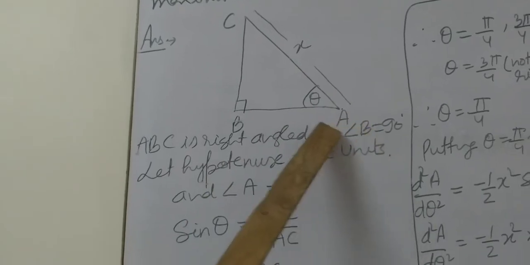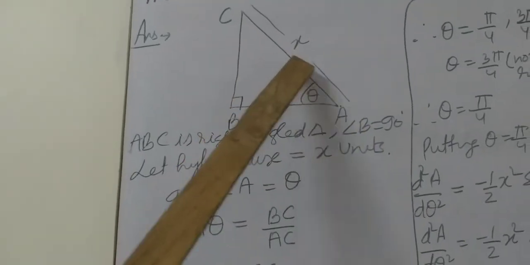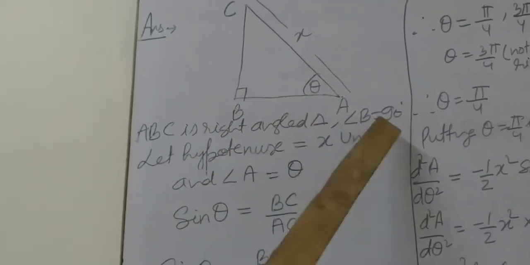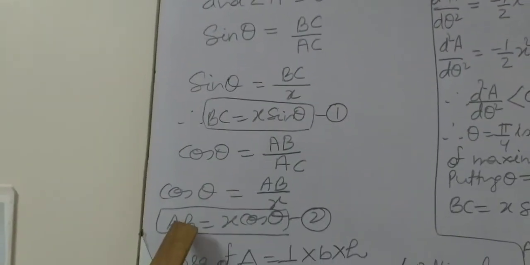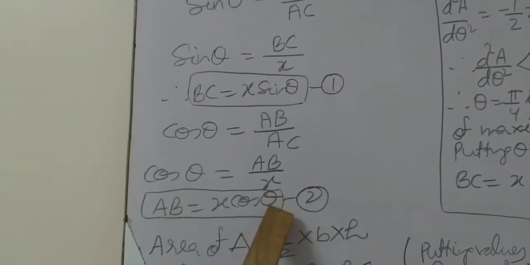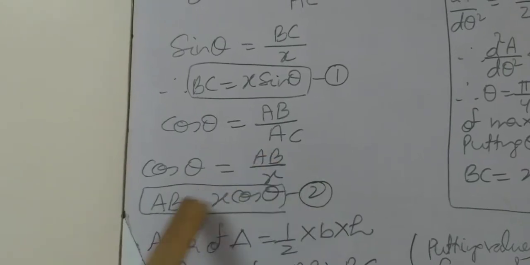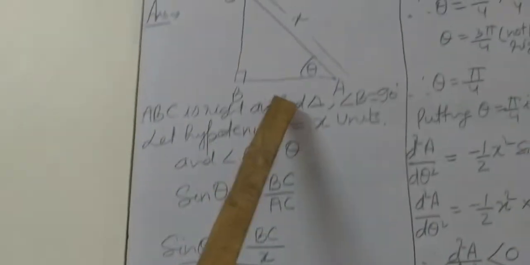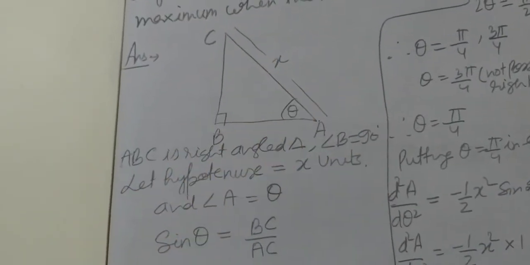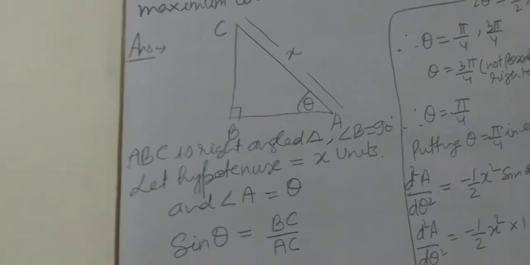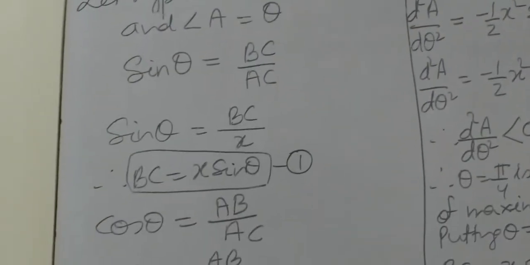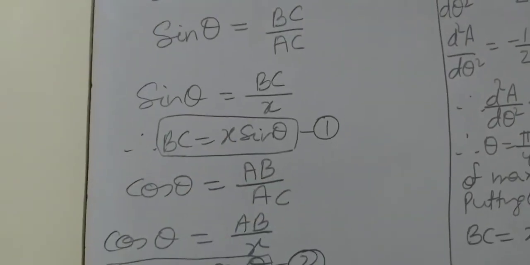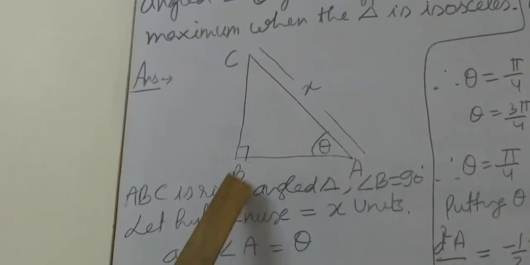Cos theta equals base upon hypotenuse. Cos theta equals AB upon x. So AB equals x cos theta by cross multiplication. So we have got BC and AB both in terms of x. Students, you can see here we have used hypotenuse x to find AB and BC.